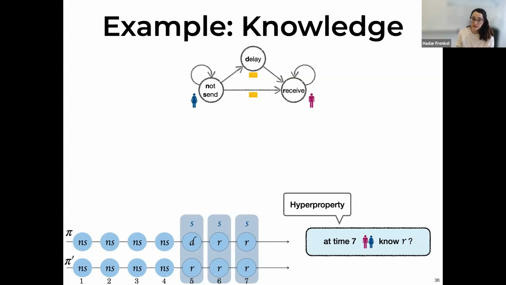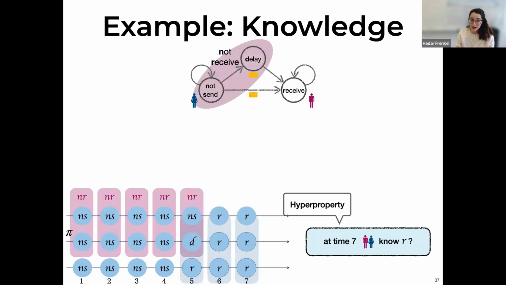And since he cannot distinguish whether at time 0.5 the message was delayed or not sent yet, then we also get this top trace which the red agent might think is possible. And since on all these three traces now, so we need to now consider three traces because we're interested in the knowledge of both of them. On all of these three traces, the message is received at time 0.7, and therefore both agents know that the message is received at time 0.7.